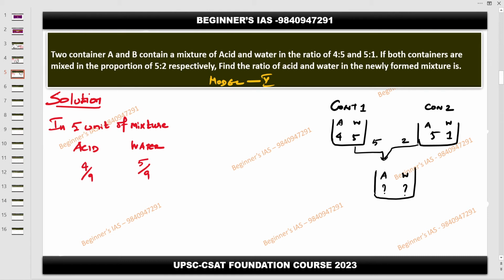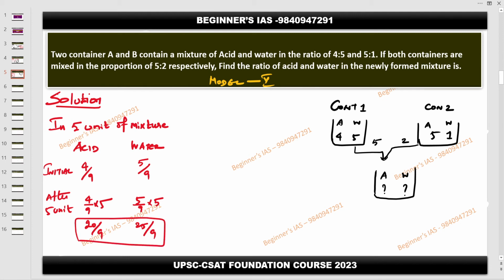Out of this you are taking 5 units, so this is the initial. Only 5 units you are taking, which means you have to multiply by 5. So 4 by 9 into 5, and then 5 by 9 into 5. Then it will become 20 by 9 here, and 25 by 9 here. Then you go with container 2.